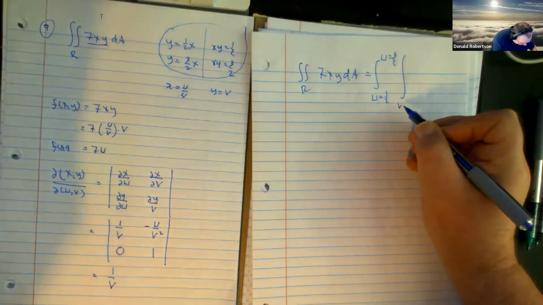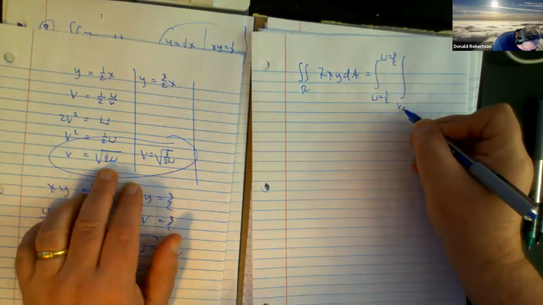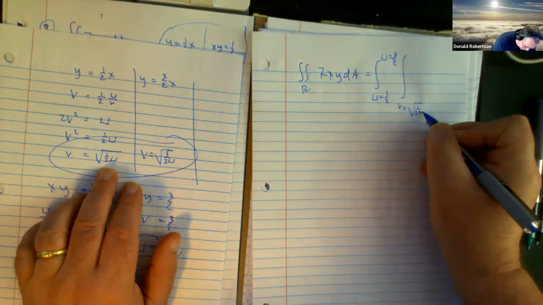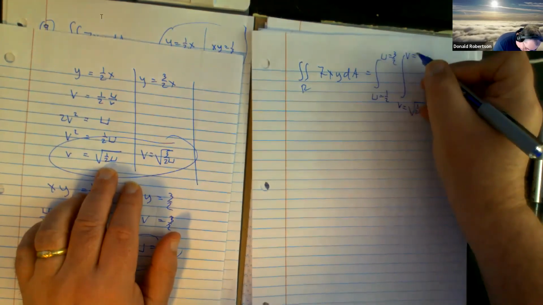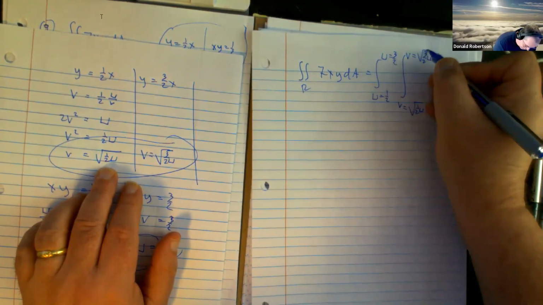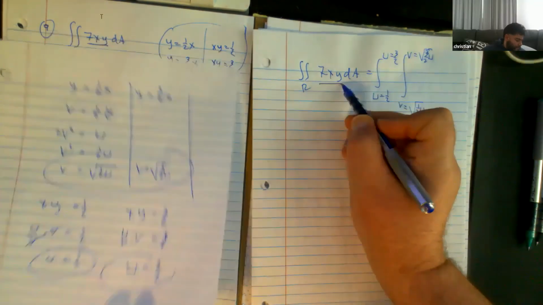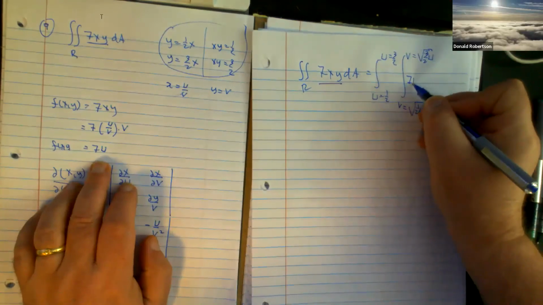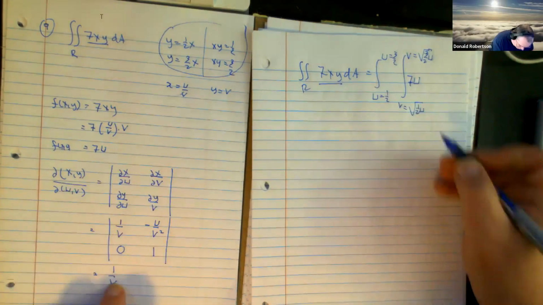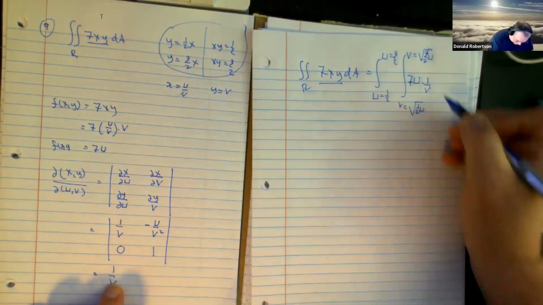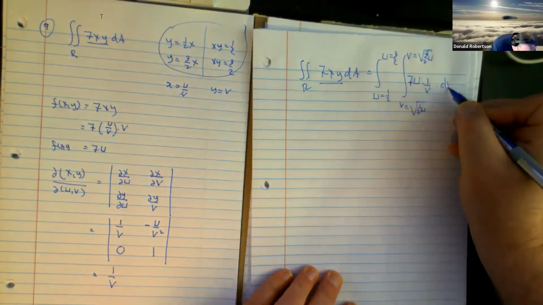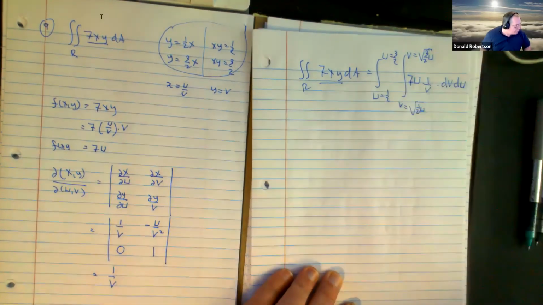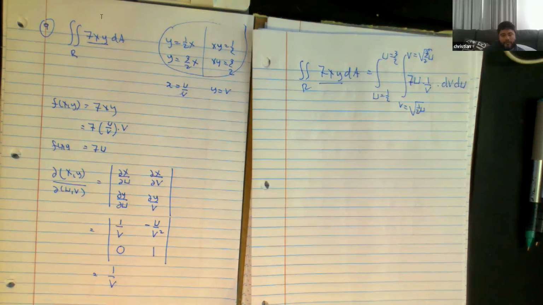V is going to be that ugly little guy because he is smaller and this guy is bigger. So I know just by looking at the fractions who's the little guy and who's the big guy. The 7xy became 7u. The Jacobian became 1/v, and the order is dv du. Are you good up to there? Yes. That's great. That's 90% of the work.